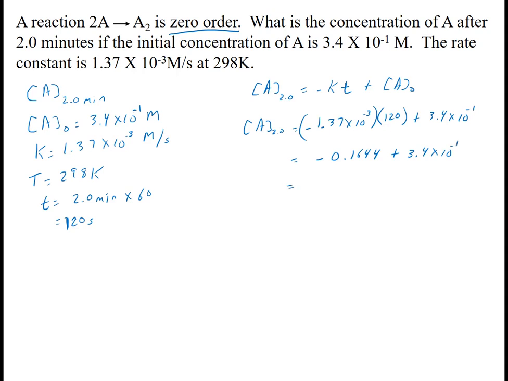When I add those together, I get 0.176 molar. For any reactant, it should decrease in concentration as time goes on. This is basically the same as saying 0.34, and so in fact that is less. Okay, and that is how you do a second order and a zero order integrated rate law.